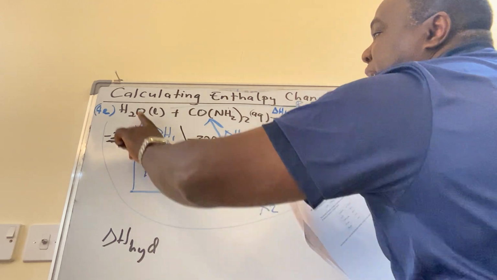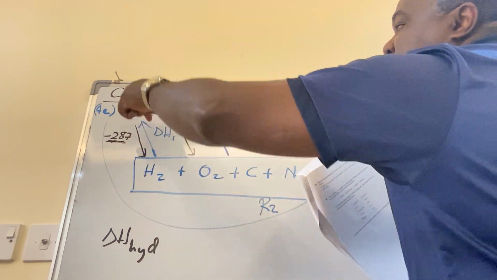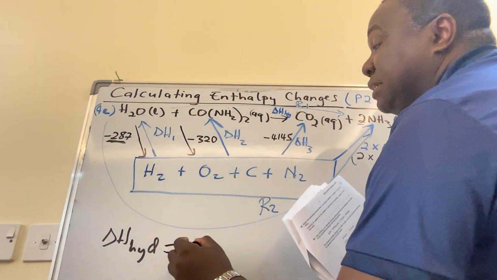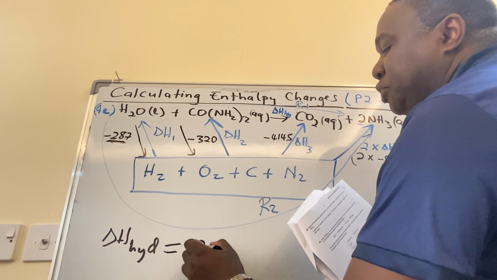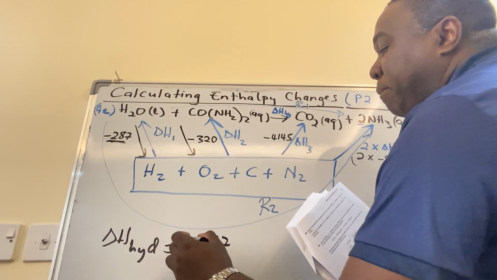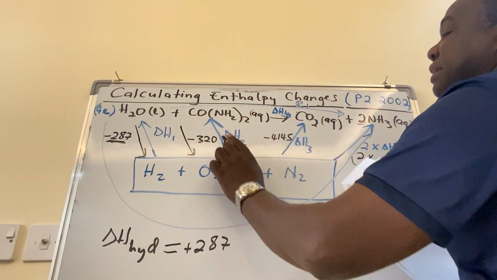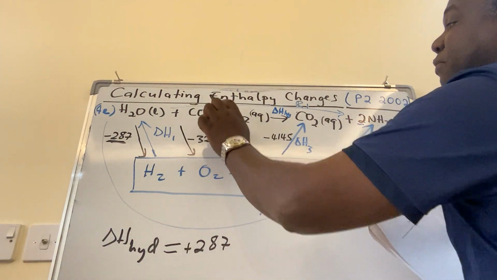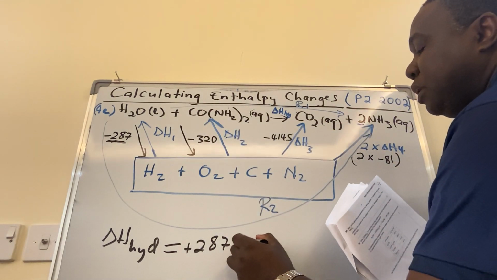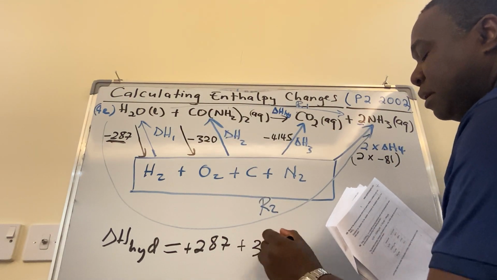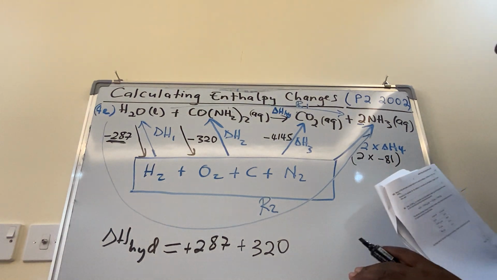So it becomes plus 287. The same applies to delta H of formation of urea, minus 320 going up. Going down, you have to make it a plus sign. That is very, very important.